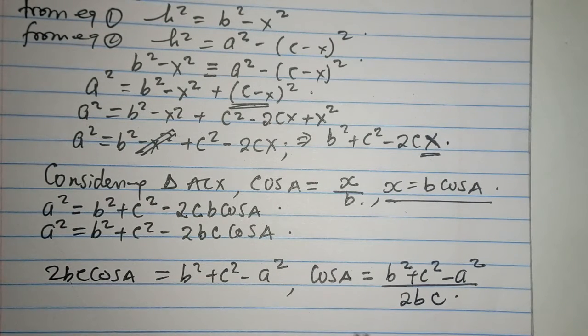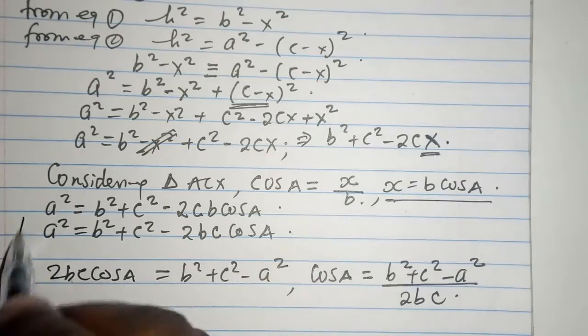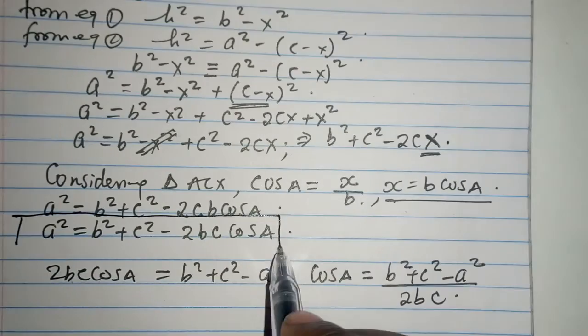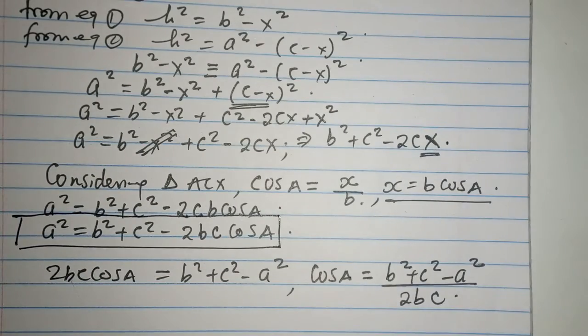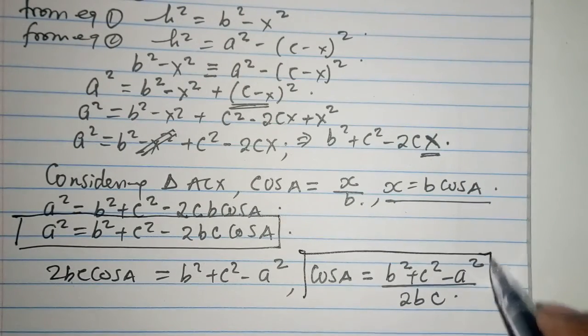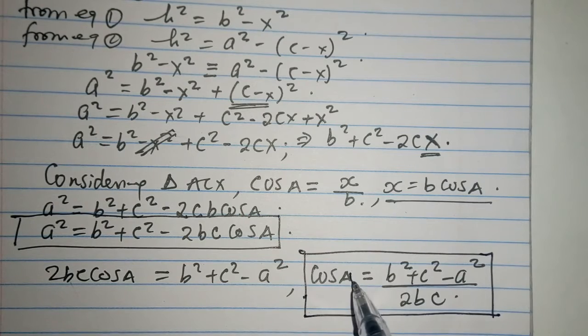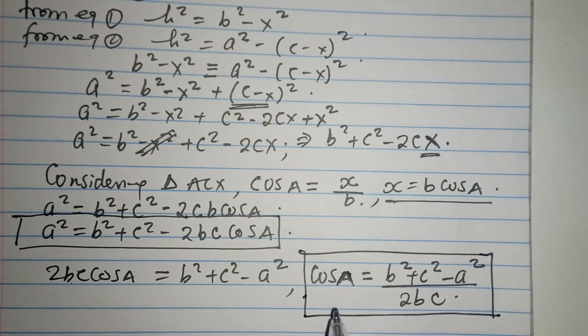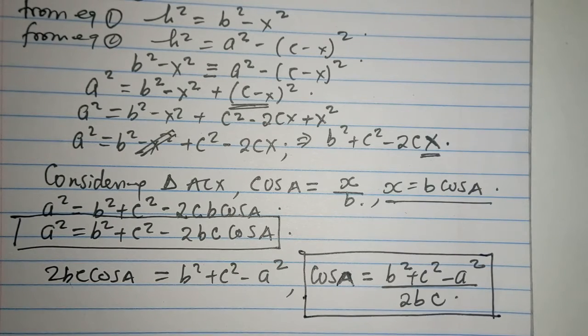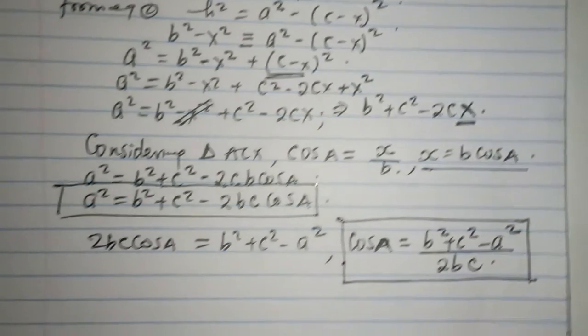So this is the general cosine rule, but you can reduce it to this level if you want to calculate the size of a certain angle A.